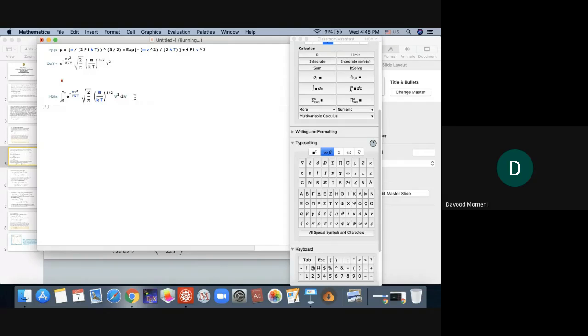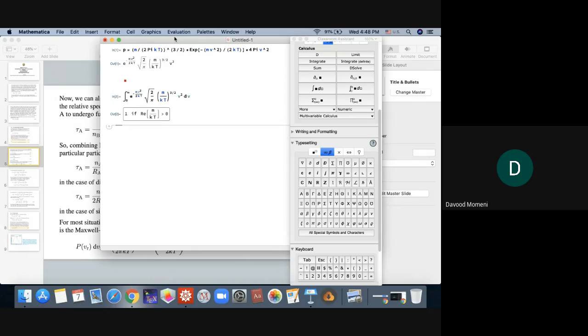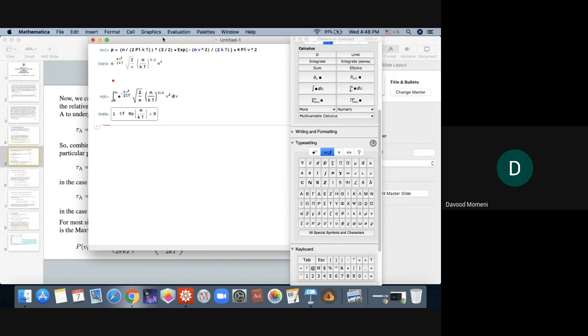If you take the integral, it will give you a constant. We have to wait for the running. So this will be 1, as I told you. This is actually the probability of finding particles with a speed from v up to v plus delta v. Now I want to plot this function.